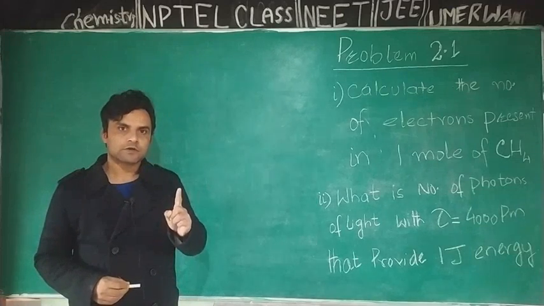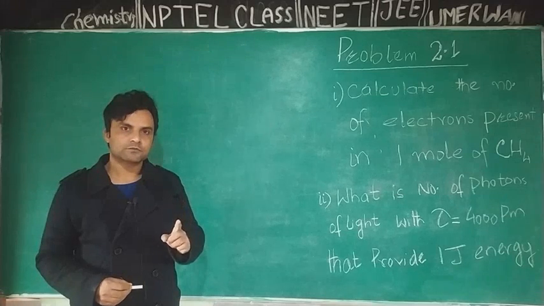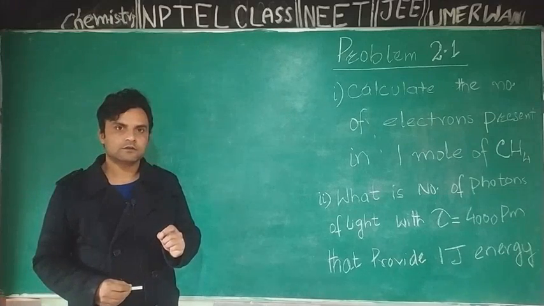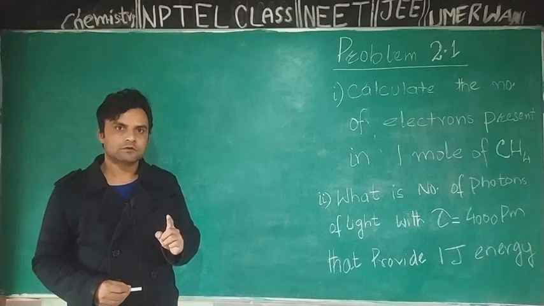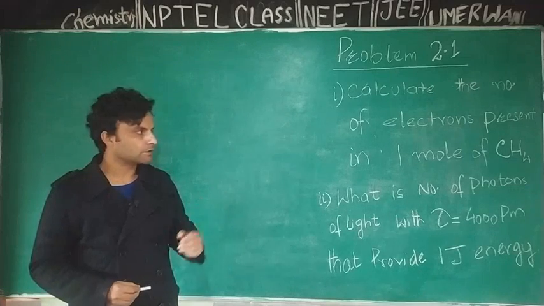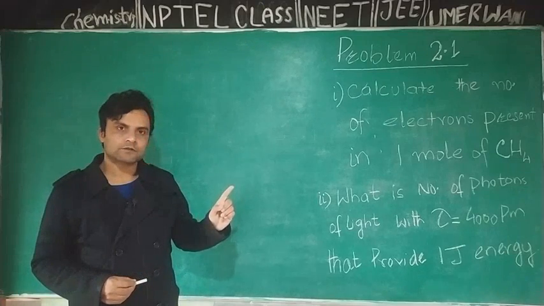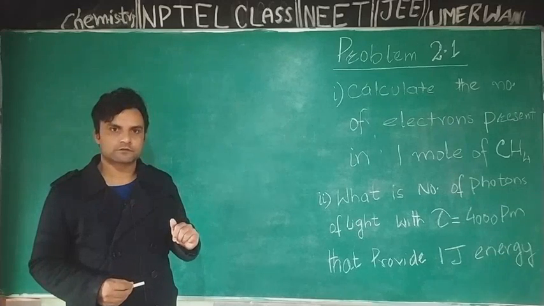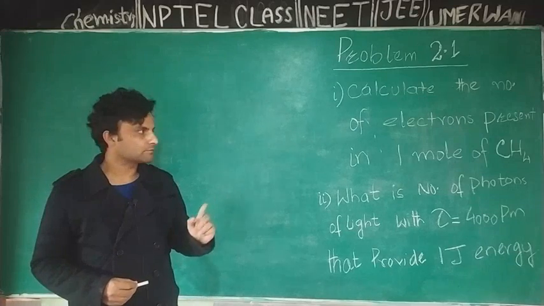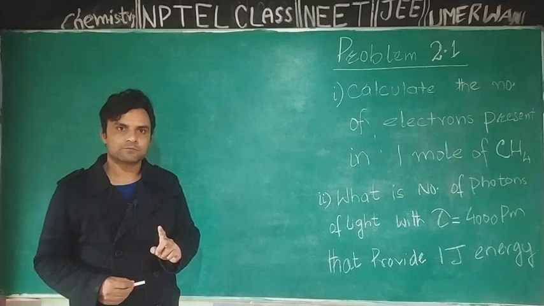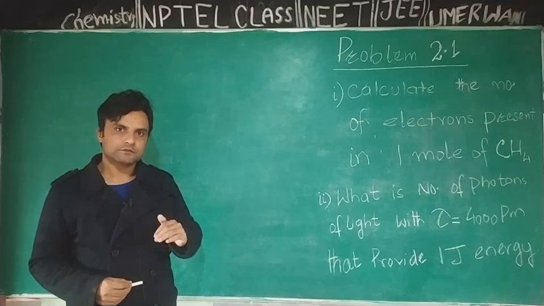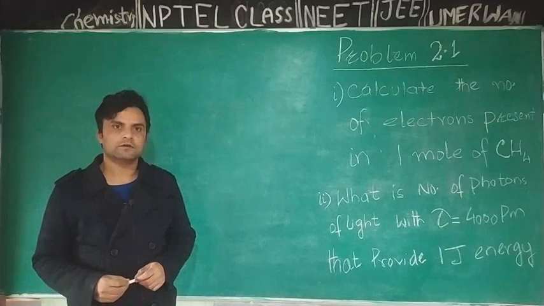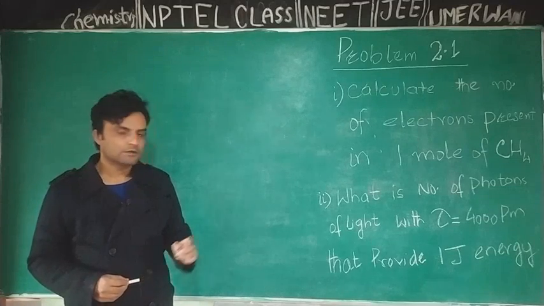And idea is that 1 mole of methane will have 6.022 into 10 raised to power 23 molecules, and second idea is that in 1 molecule of methane we can count electrons. There is 1 atom of carbon, and for 1 atom of carbon there are 6 electrons. For 4 hydrogen atoms there will be 4 electrons. In total there will be 6 plus 4, 10 electrons in 1 molecule of methane, and we will multiply this 10 by Avogadro number. We will get number of electrons present in 1 mole of methane.